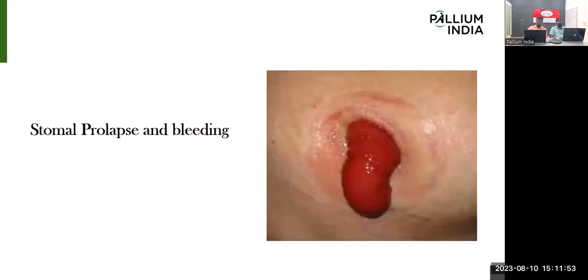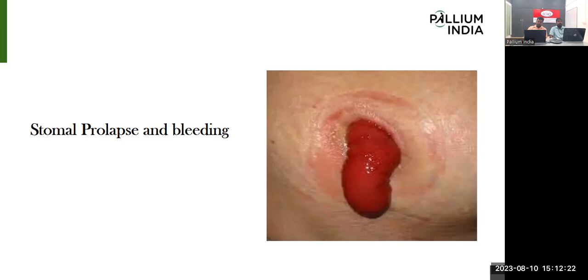Then the second one is the stomal prolapse or the bleeding. Stomal prolapse mainly happens if the stoma is very large. Abdominal pressure activity, like the patient lifting weight using that side hand, will also cause prolapsing of the stoma.